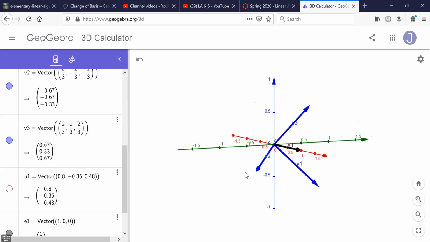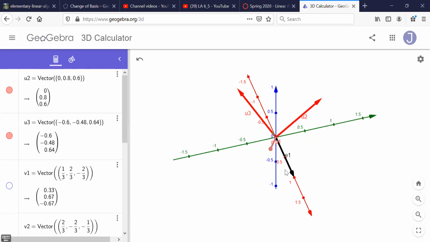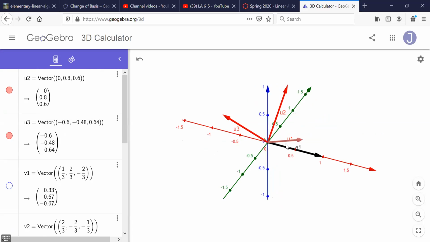Although with this one, if you'll notice, if I go from V1 to V2, using my right-hand rule, point my fingers in the direction of V1 and then turn towards V2, my thumb would actually point opposite V3. So this is what we would call a left-handed system, whereas the U1, U2, U3 is a right-handed system, because if you point your fingers in the direction of U1 and curl towards U2, your thumb on your right hand points up with U3.